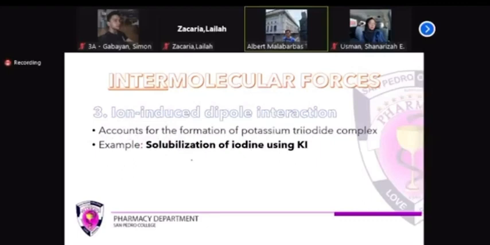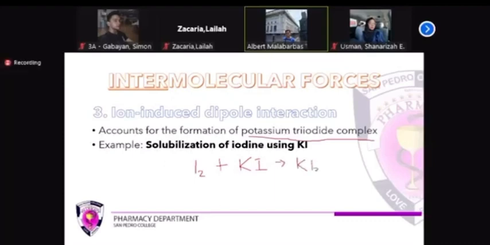The third type of intermolecular force is your ion-induced dipole interaction. The best example here is the formation of the potassium triiodide complex. Iodine itself is insoluble in water, which is why a solubilizing agent like potassium iodide or sodium iodide is usually added to form the triiodide complex.